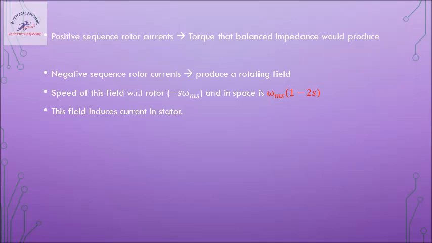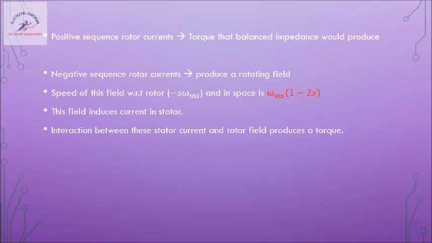So now we have a newly induced field, which is created by the negative sequence current. It is inducing a current in the stator. So this new stator current and new rotor field, along with all the other ordinary normal stator current and normal rotating magnetic field that is present.